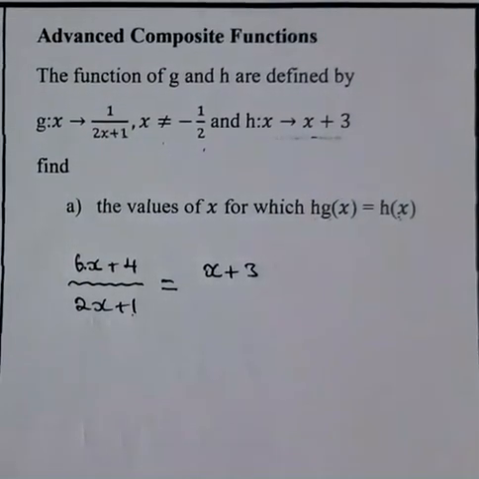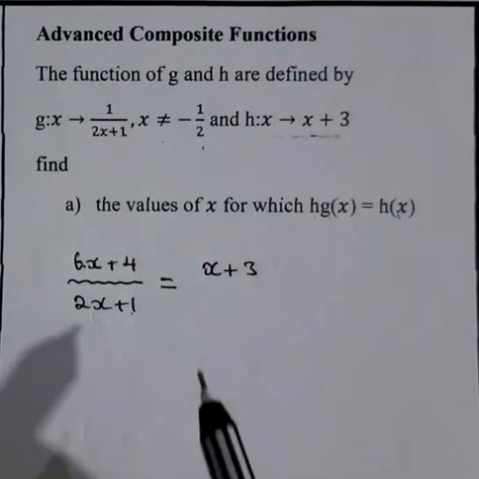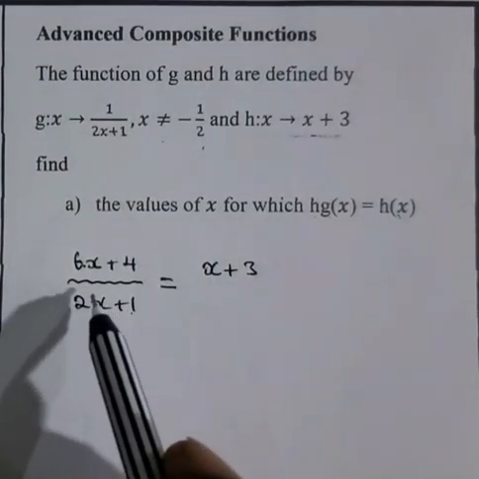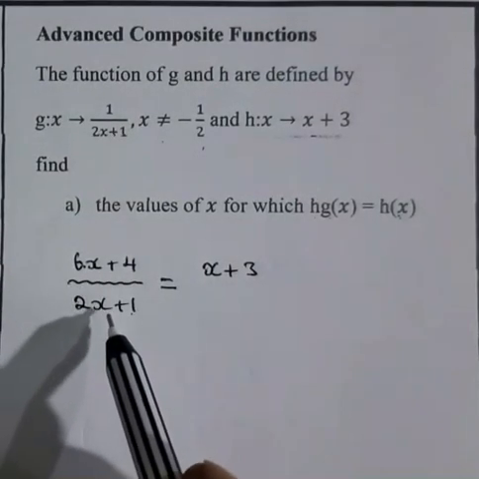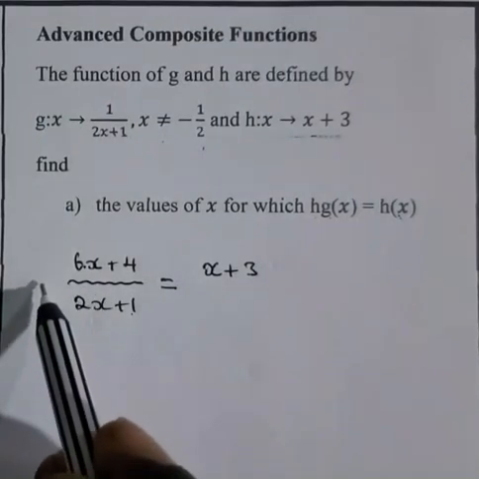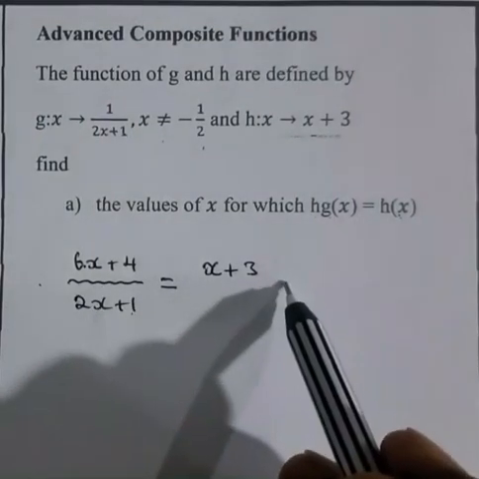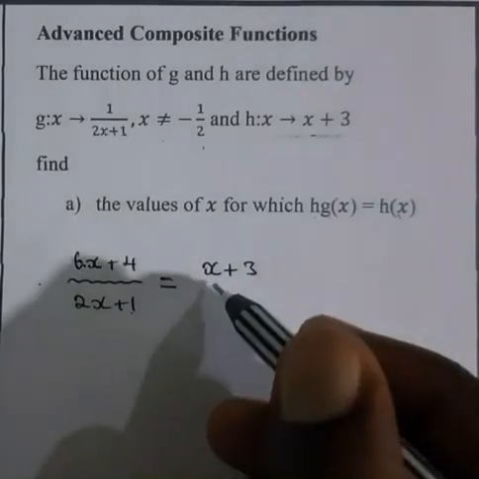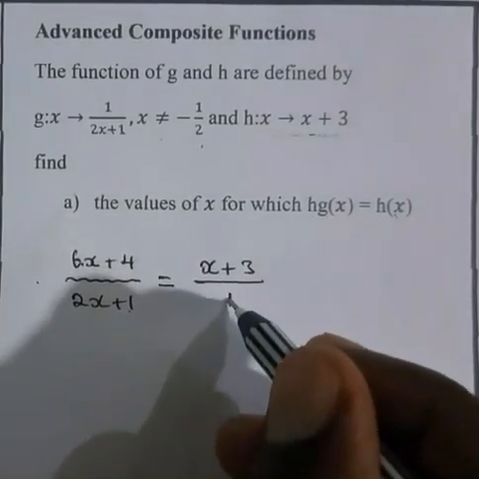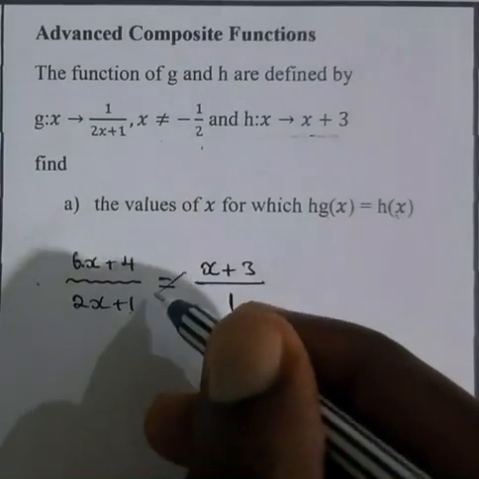Then there are two ways we can go about it. Either we look at the part that is a fraction and multiply both sides by the denominator, or we can just make this side over 1 and cross multiply.